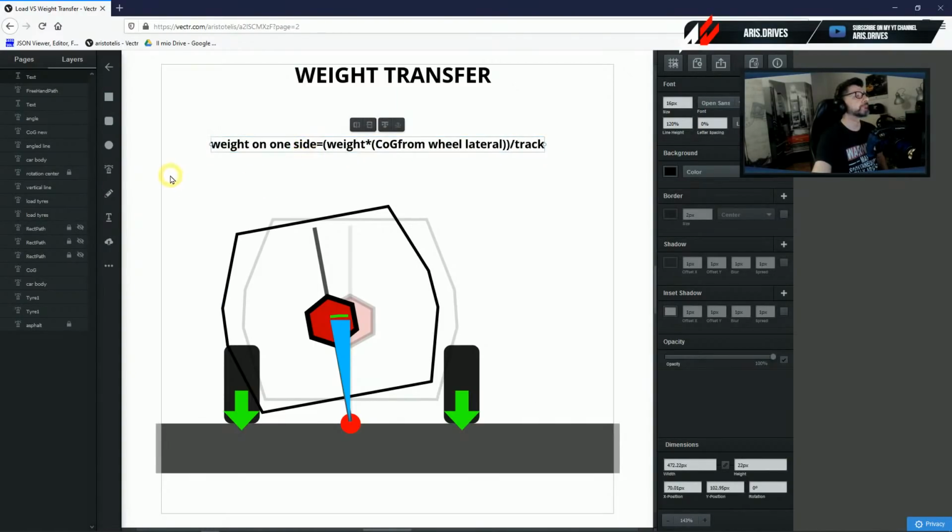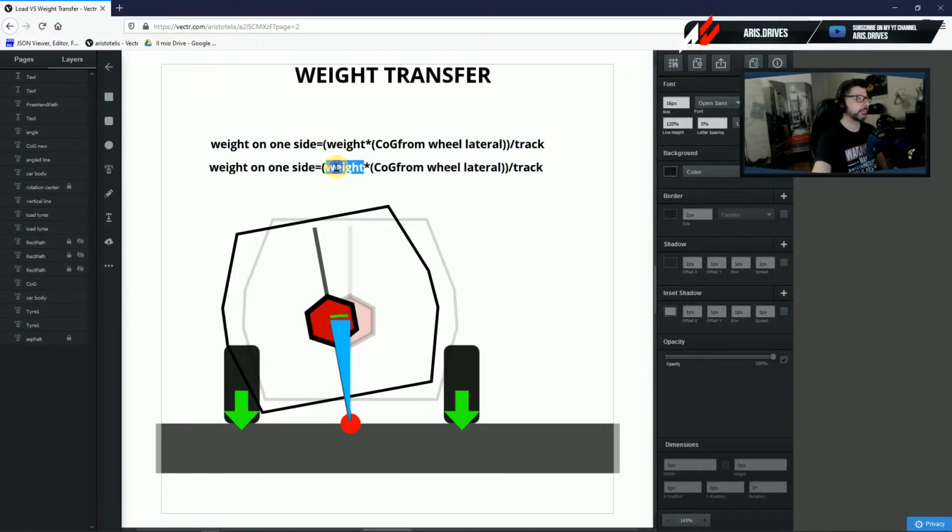Now, that becomes something like this. We have the weight, which is 1,500. Normally, because the track is 1,600 millimeters, this will be 800.